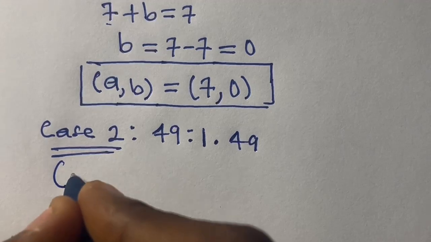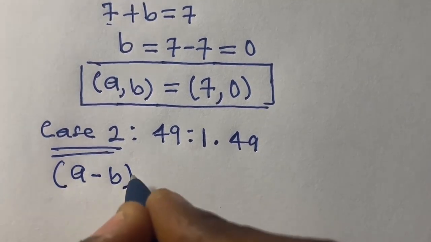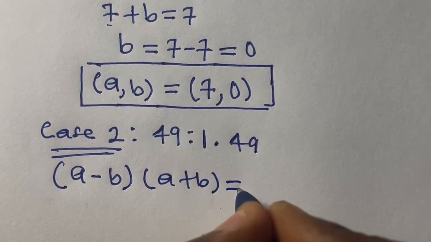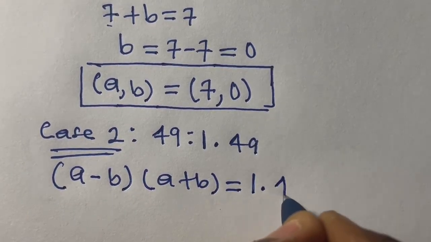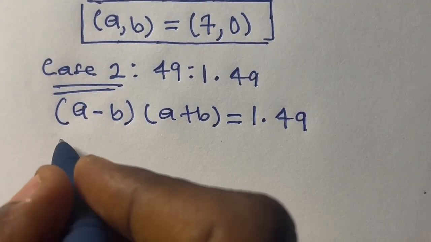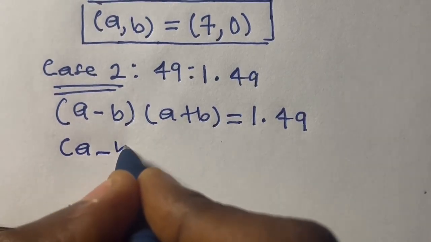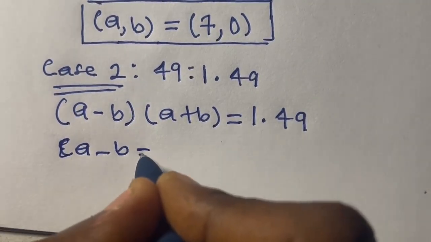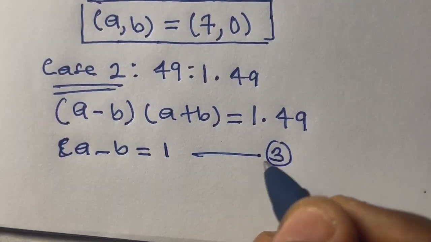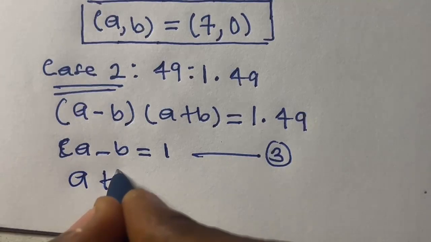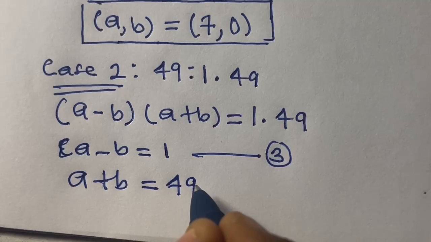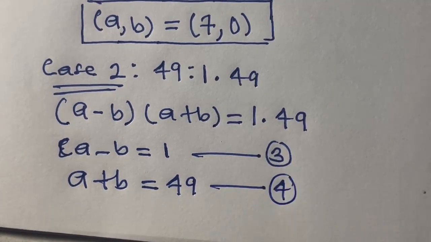Therefore we have a minus b times a plus b equals 1 times 49. We follow the same approach: a minus b equals 1, this should be equation 3, and a plus b equals 49, this should be our equation 4.